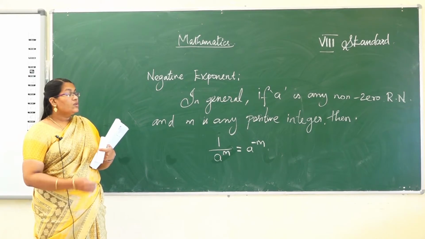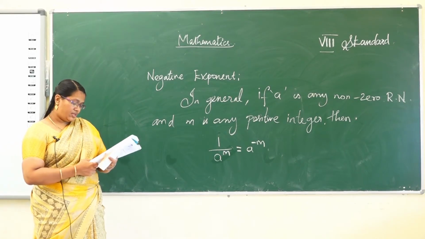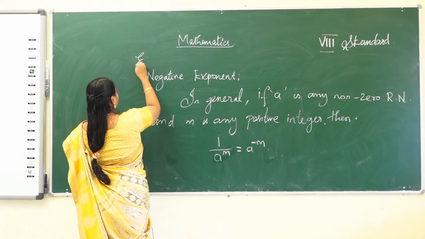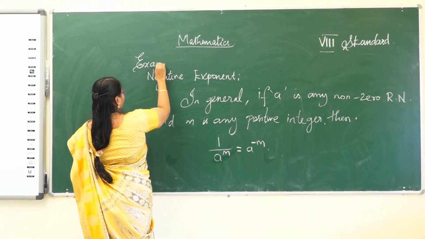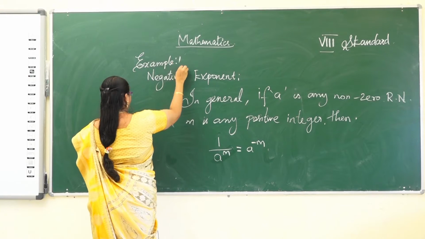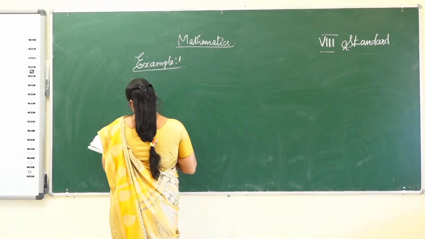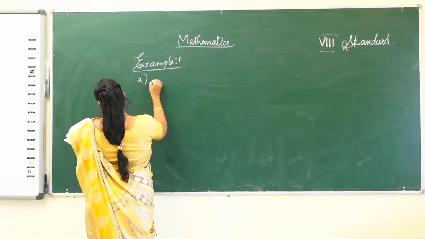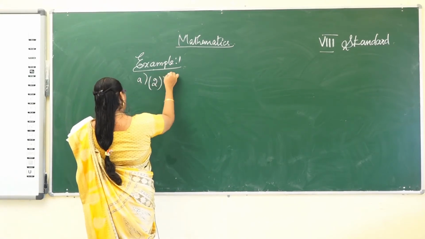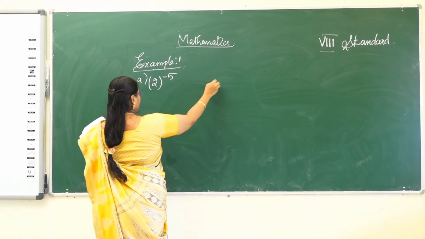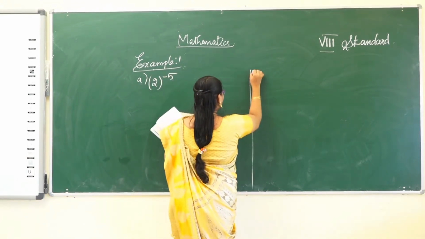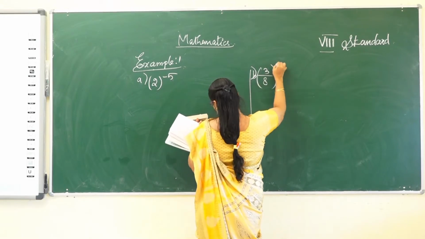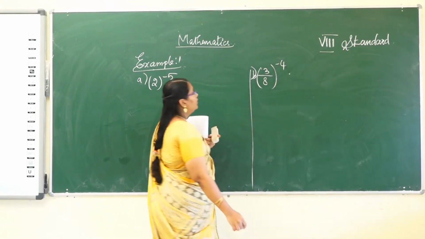Now see the example problems. Example 1: evaluate the following. First one, 2 power minus 5, a negative exponent is given. And B problem, 3 by 8, the whole power minus 4.